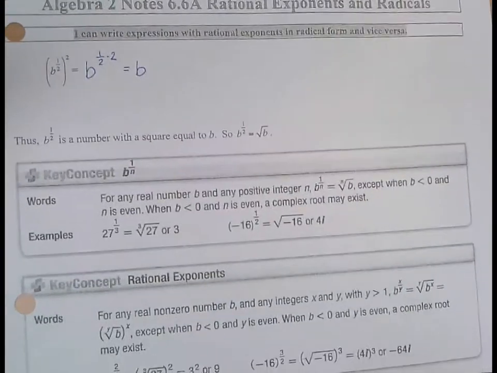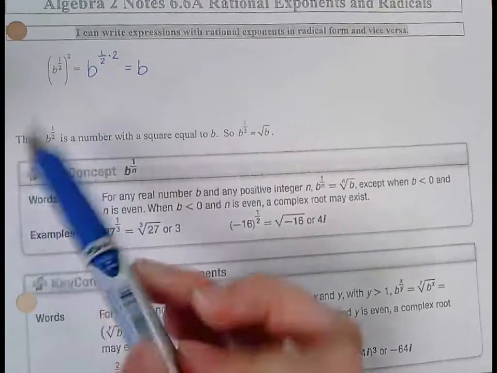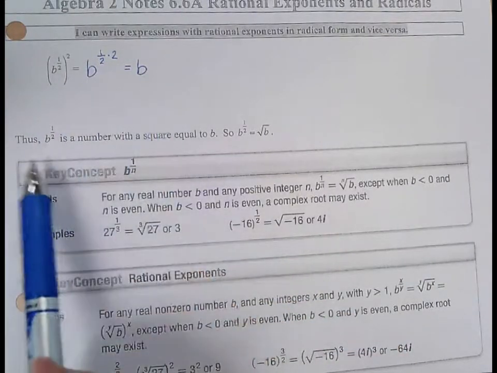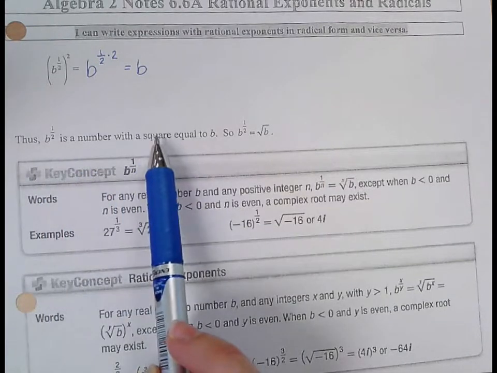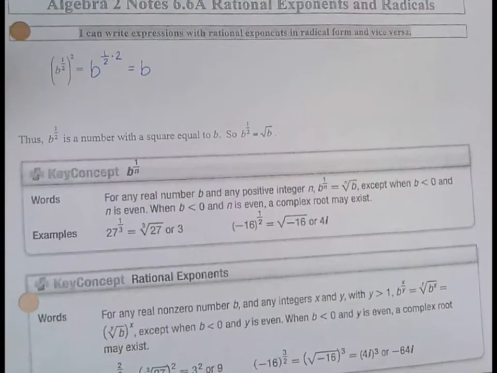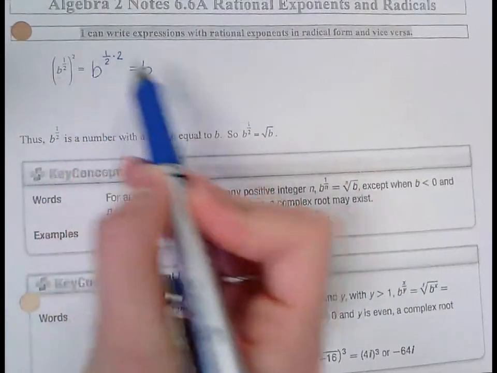So this is used as a way to show you why a rational exponent means a radical. So it says, since b to the 1/2 squared equals just b, we can conclude thus b to the 1/2 is a number with a square equal to b, so therefore b to the 1/2 must equal the square root of b. They must be the same thing. The reason why, so we just saw that b to the 1/2 squared is b.